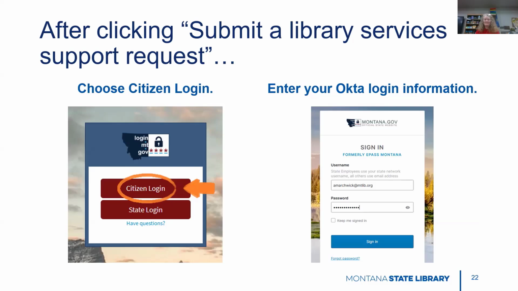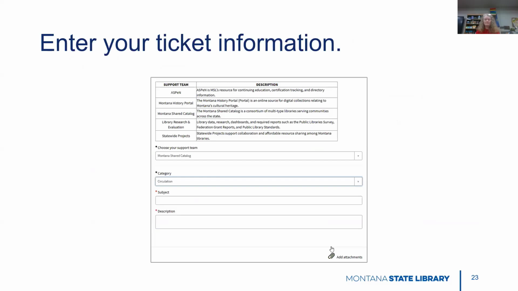And then it'll take you to a new screen where you'll be prompted to enter your Okta username and password, which is generally the email address that you set up the Okta account with and the password you created. Next, you're going to enter your ticket information. This is a condensed screenshot of what the ticket page will look like.